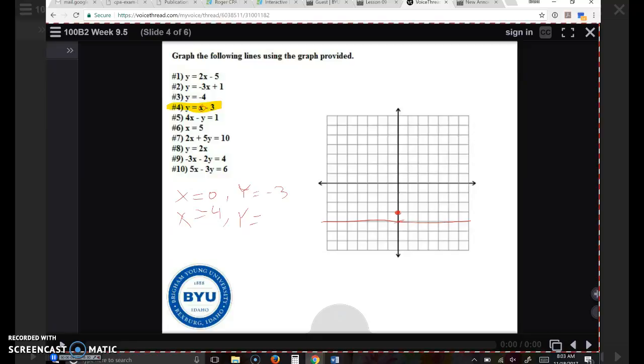At x equals 4, let's see what y equals. So if we plug 4 in here, say y equals 4 minus 3, then we get y equals 1, right? 4 minus 3, so 1. So at x equals 1, 2, 3, 4, y is going to be 1. So that's what that line looks like.